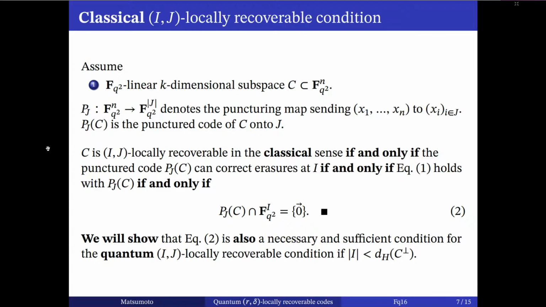Okay? And in the next several pages, we will show that this is also a necessary and sufficient condition for quantum IJ local recoverability under the additional assumption that the number of erasures is less than the minimum Hamming distance of C perp.